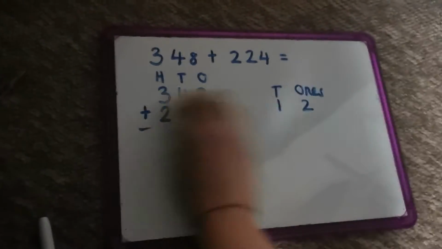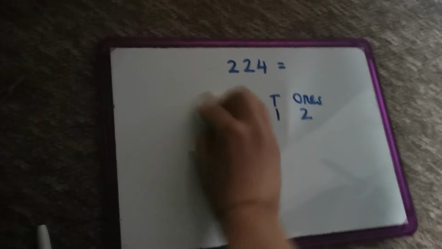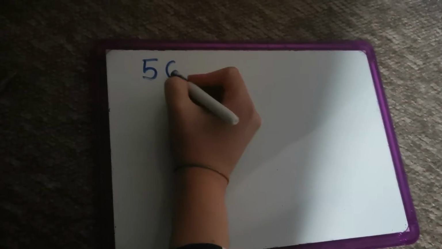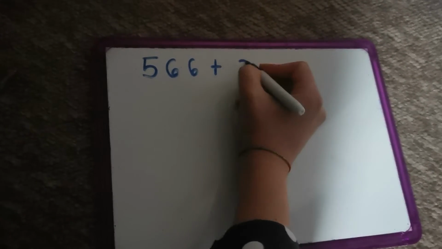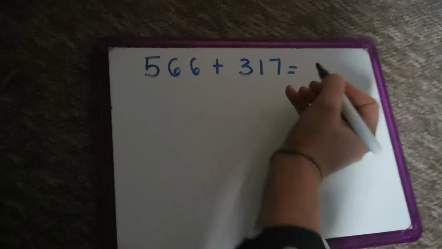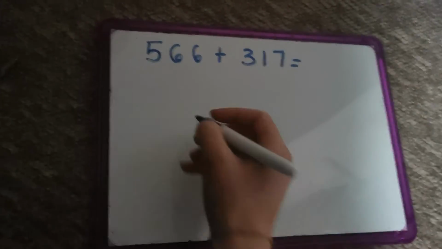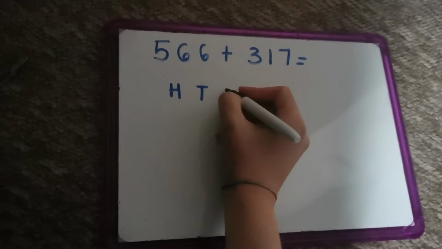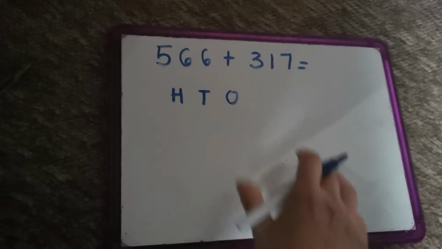Okay, that's my first example. I'm going to now show you my second example. So I've got the question 566 add 317. I'm going to use column addition again, so I'm going to place them in my columns. If you need to write HTO, hundreds, tens and ones, that's okay.